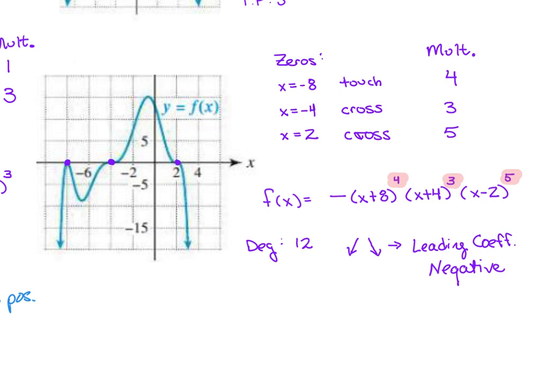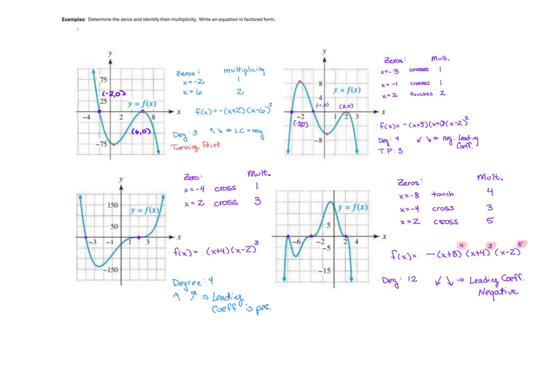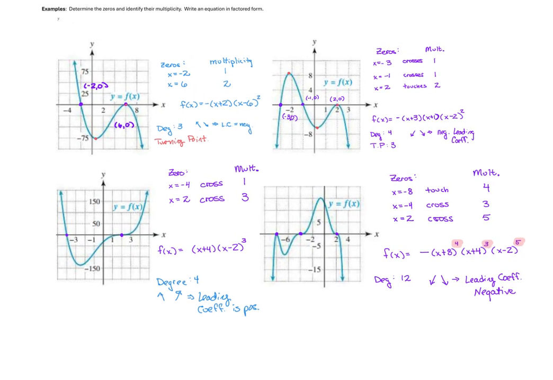For right now, I really just want you to focus on the factors, the multiplicity and their exponents, and the leading coefficient, is it positive or negative. All right, that takes care of our graphing examples and going from graph to equation. We're going to go ahead and continue on to another topic.